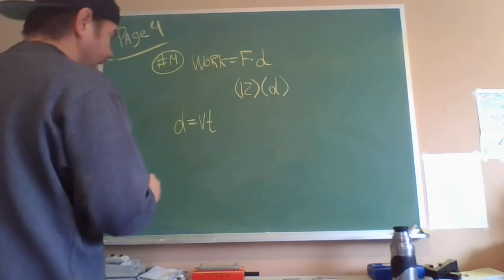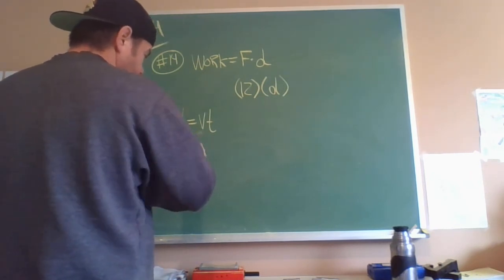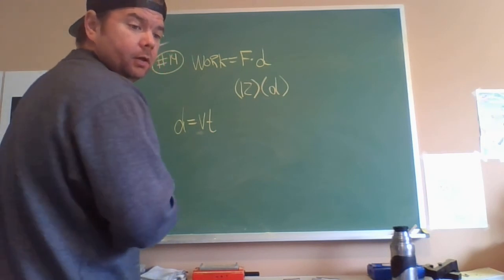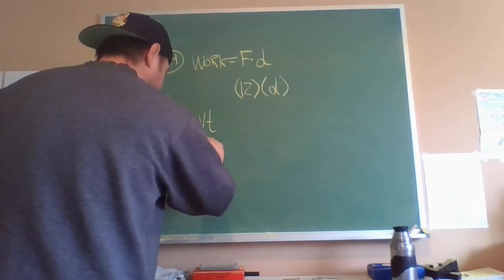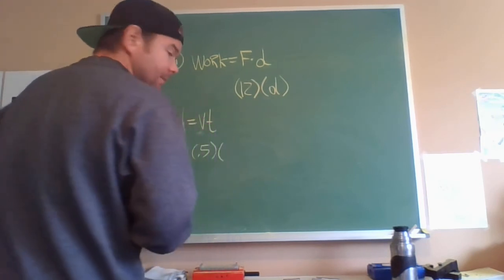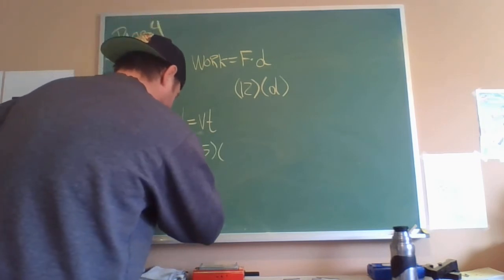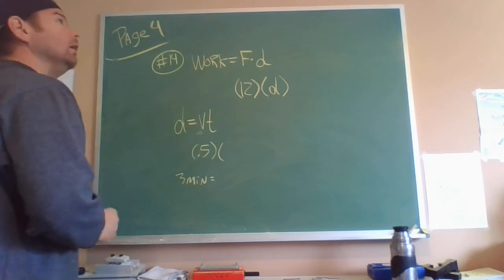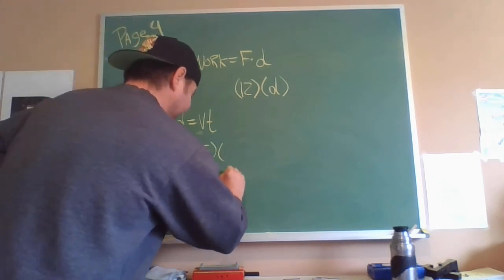She's dragging this wagon full of stuffed animals at a rate of 0.5 meters per second for 3 minutes. So I gotta do a conversion real quick. 3 minutes equals 60 times 3 is 180 seconds.